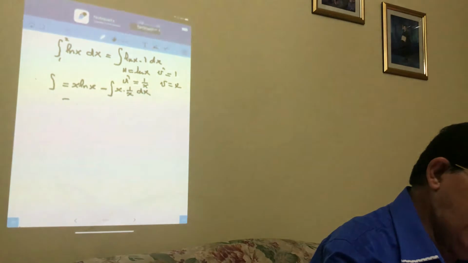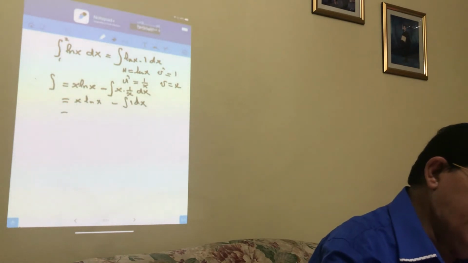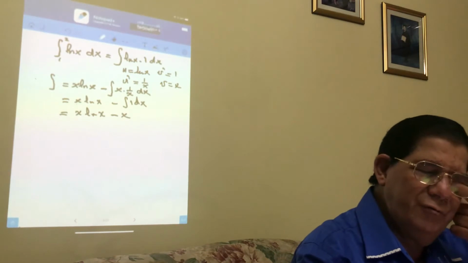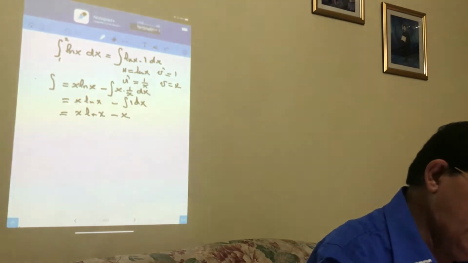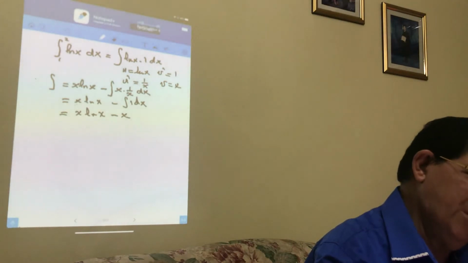The answer is x ln x minus the integration of 1 dx. This will be x ln x minus x. By the way, this is the integration of ln x. Integration of ln x is x ln x minus x.